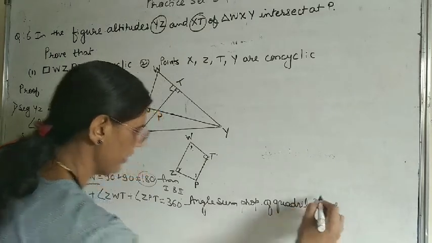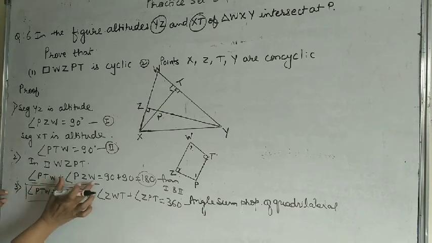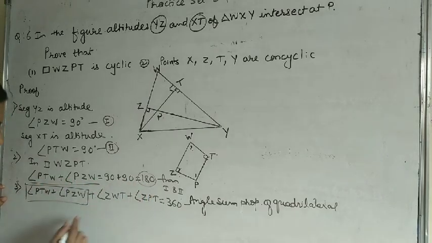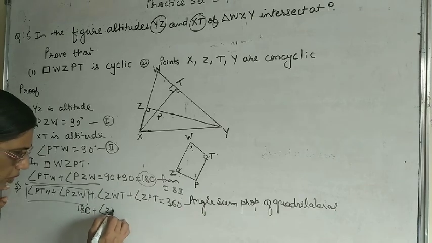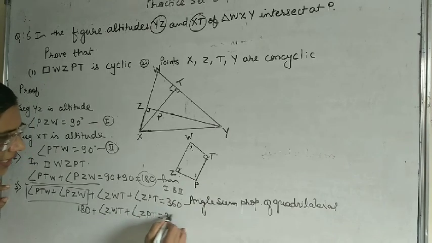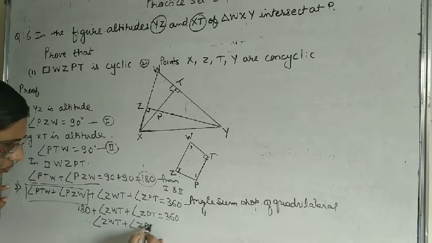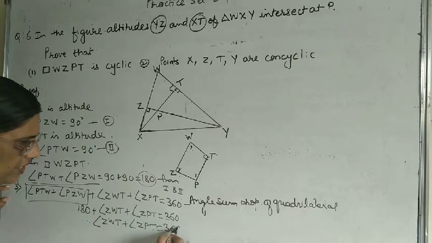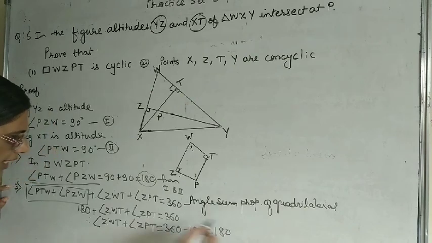Now here we know PTW plus PZW. आता आपण इथे दाखवलाय की यांची सम किती आहे, 180. So I will write here 180 plus ZWT plus ZPT is equal to 360. That means ZWT plus ZPT is equal to 360 minus 180. So we get here 180.